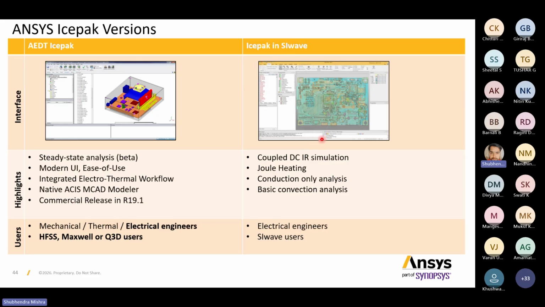For example, I have performed some DCIR analysis and evaluated the current, the voltage and all. Now I want to plot the temperature on the whole body and see, in case there's excessive current over some part, what the temperature is at exactly that point. We can evaluate that from Icepak in SIwave.